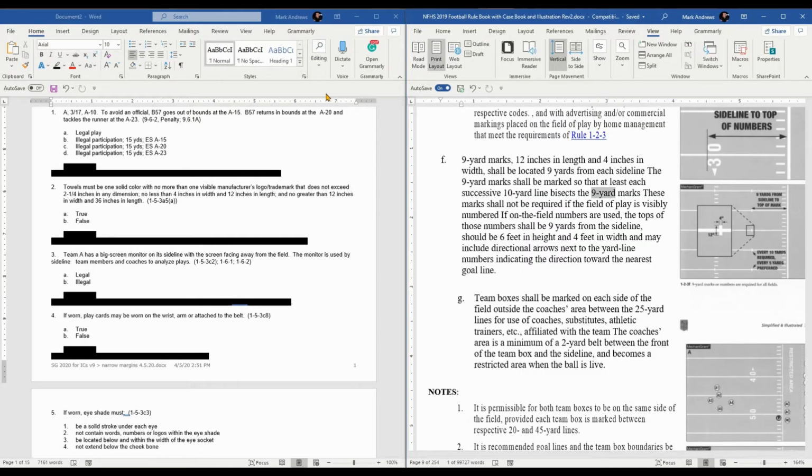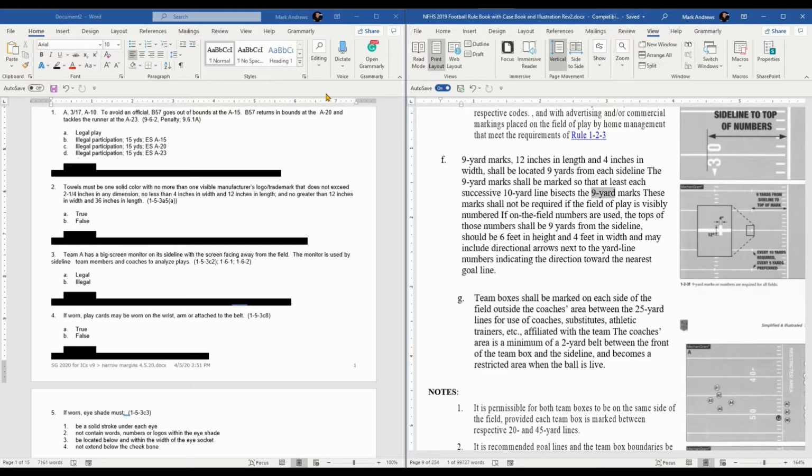Well, it turns out that there is a definition for what a 9-yard mark is. Before I started officiating football, I'd never heard of a 9-yard mark, but it's actually used a lot in the rule book, so understand what it is. It's basically a line that, well, you read it, 12 inches in length, 4 inches in width, located 9 yards from the sideline.